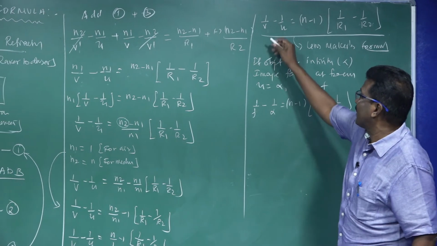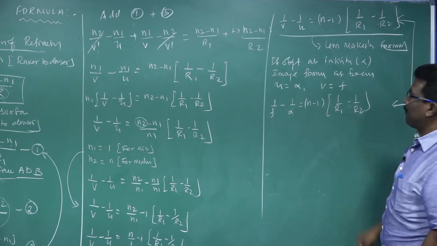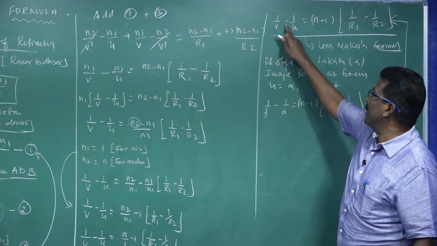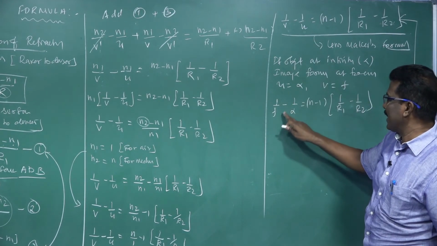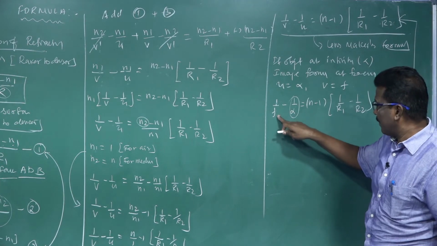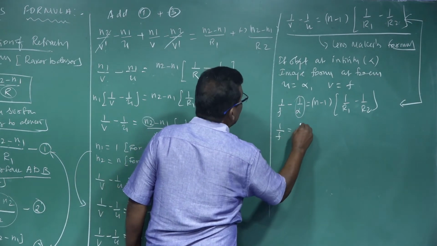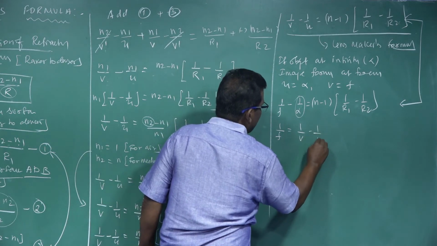Now compare these two formulas. 1 by v minus 1 by u becomes 1 by f minus 1 by infinity, which is nothing but 1 by f. So 1 by f is equal to 1 by v minus 1 by u.